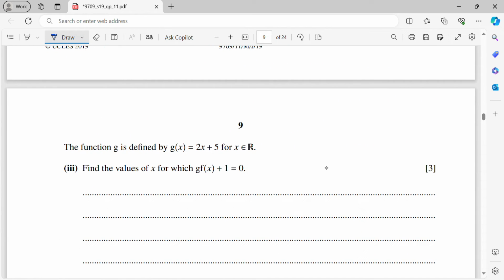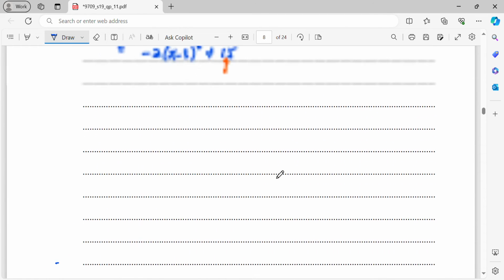Now, the function g is defined by g(x) = 2x + 5, where x is a real number. For the third part, find the values of x for which gf(x) plus 1 equals 0. This gf(x) is a composite function. Since the question mentions values, it means that you will get more than one x. Alright, so now I will write down my f(x) first. So my g(x) is 2x plus 5. And then my f(x), I will just use my completed square form.